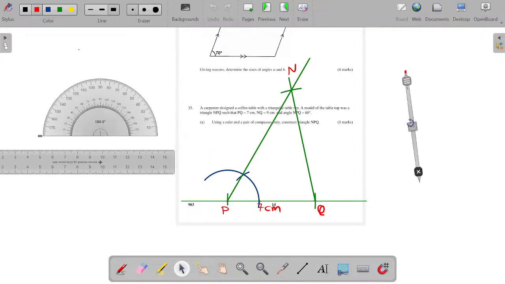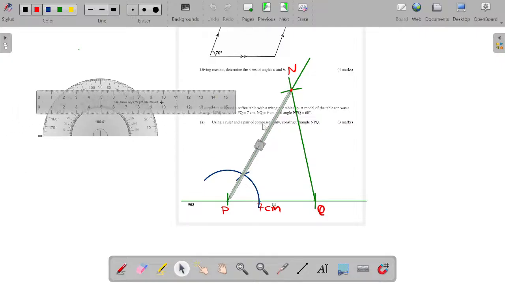Or let me use just my pair of compass for higher levels of accuracy. That is 10.4 centimeters. I'm sure. Let me just confirm. But mine has already told me 10.4.